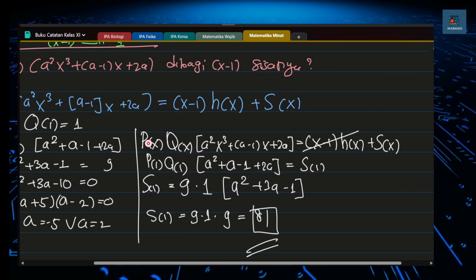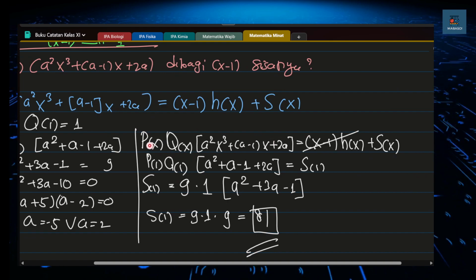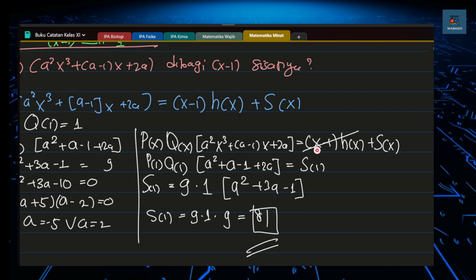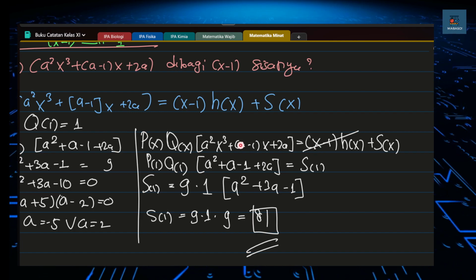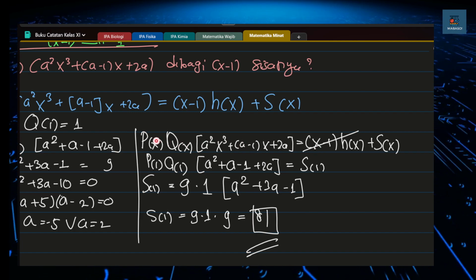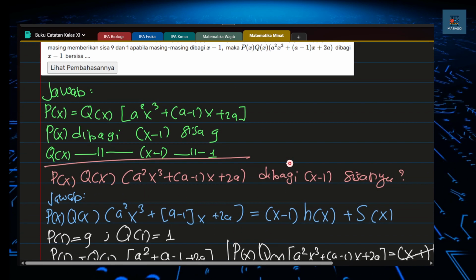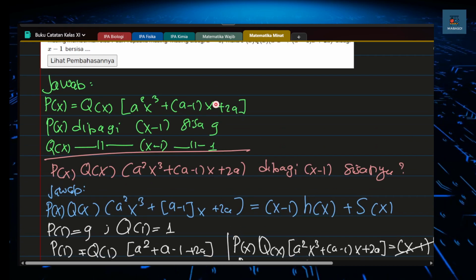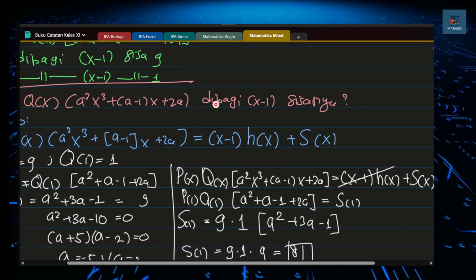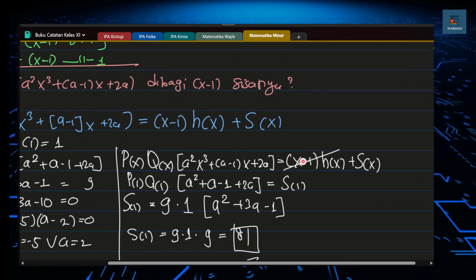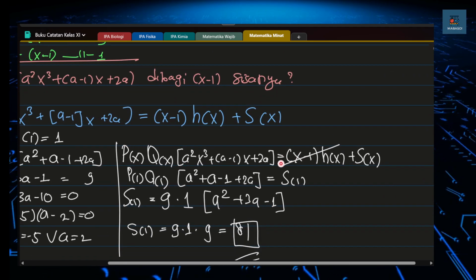This polynomial is the one being divided by x minus 1, and the one that was asked by the question. Of course, we could state this polynomial using the same formula: P(x) equals H(x) times the divisor x minus 1 plus the remainder.